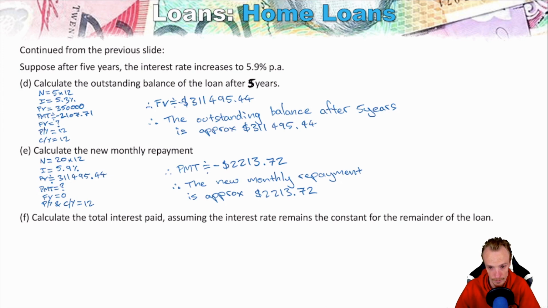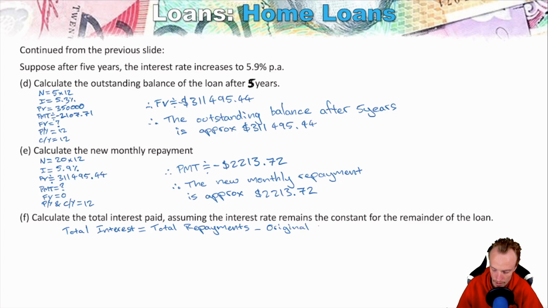So it's still looking at the same sort of principle behind it of we're looking at total interest being equal to the total repayments subtract away the original loan. Now, it becomes more complex because our repayments actually changed partway through.